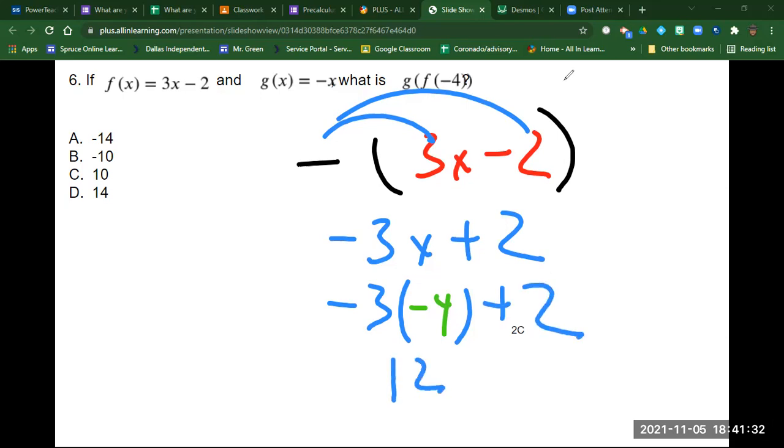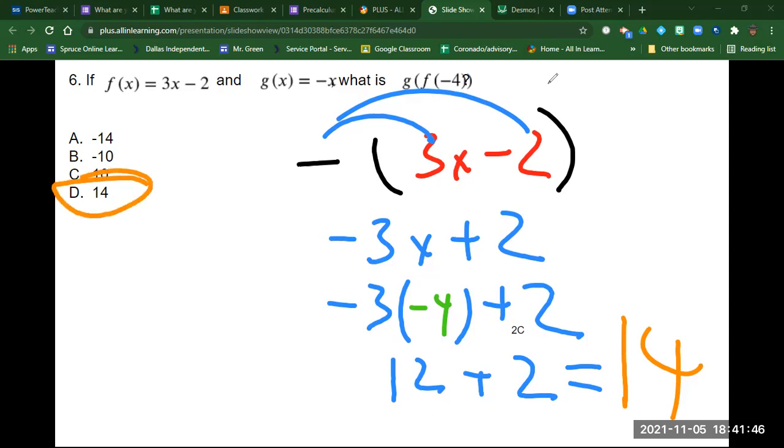Well, this is positive 12 plus 2, and that's equal to 14. So that's how you can do it by hand.